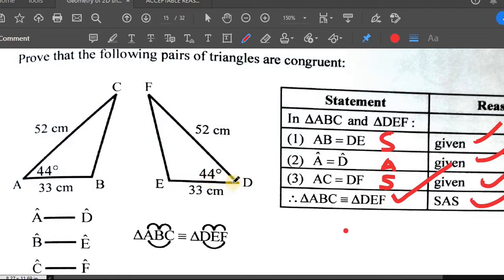Let's see, 33, hey, we got 52. No, we said 33, nothing, and then 52. I'm teaching you how to think now. Yes, there we go. We're going to be moving this way. So it's D, E, and then F, DEF. That's how you name it, right?